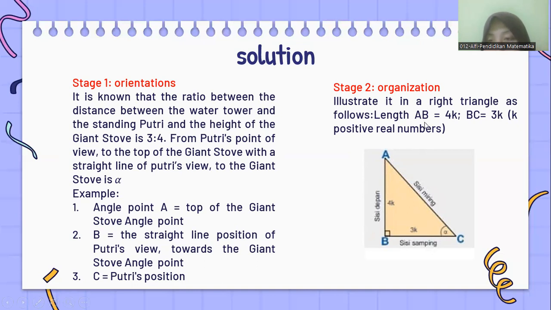The length AB is equal to 4k, BC is equal to 3k, and AC is not yet known. Here k is a positive real number.